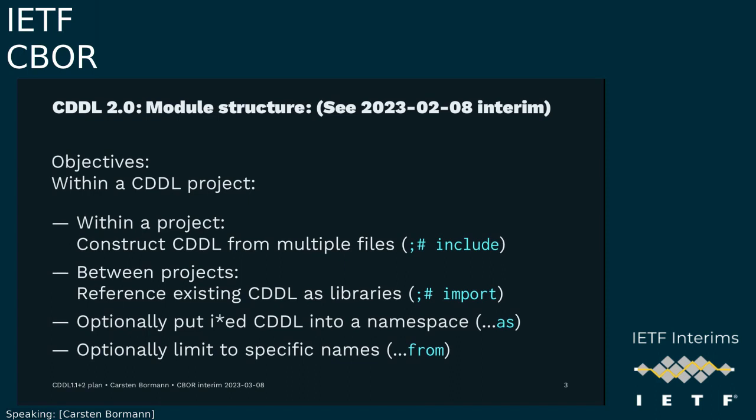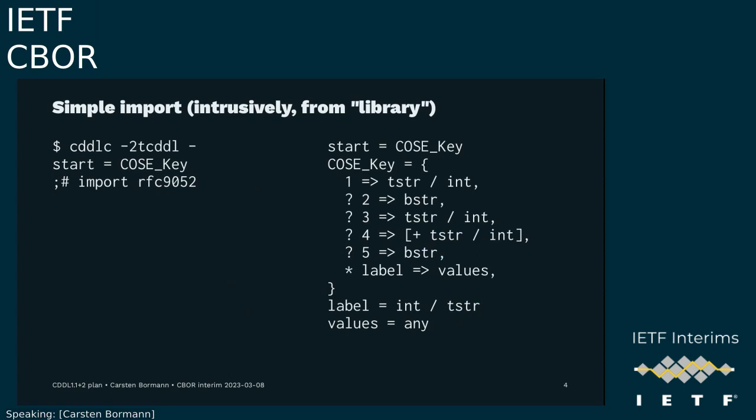And yeah, I'm going to go through a couple of examples here. On the left side, you see a command line that is used to actually call the tool, and in this case 2 lines of actual CDDL.